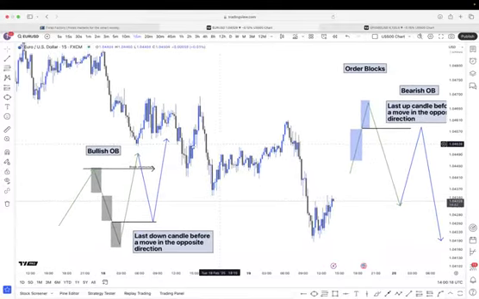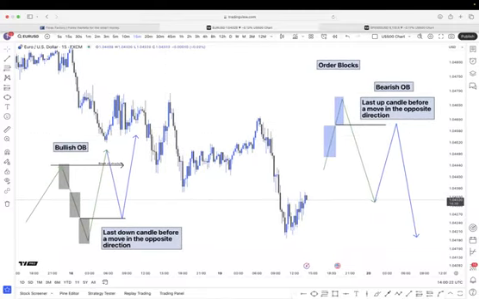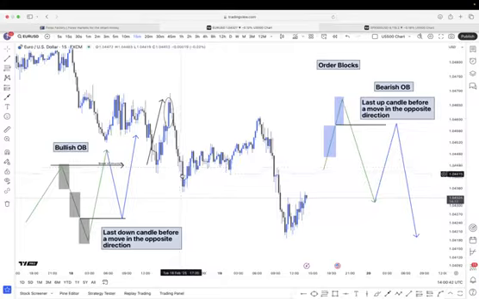So to look at this particular chart right here now, if we just pay attention to this up candle right here, because you can see that price action was moving higher in this trending move right here. And that is the last up candle before price is moving lower.